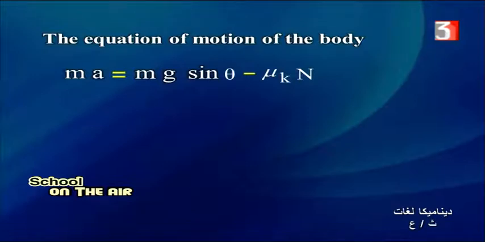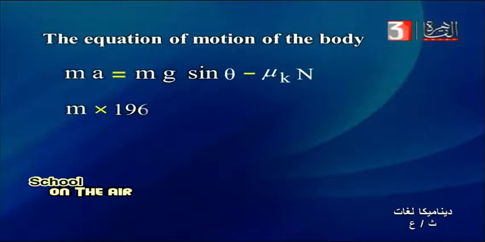The first force, mg sine theta, is the component of its weight in the direction of the line of the greatest slope downward the plane. And the second force, mu k N, is the friction force, the kinetic friction force, and mu k is the coefficient of kinetic friction in this case.